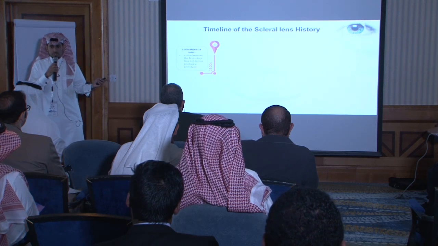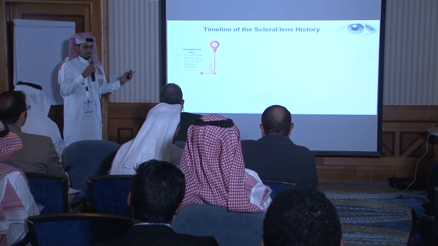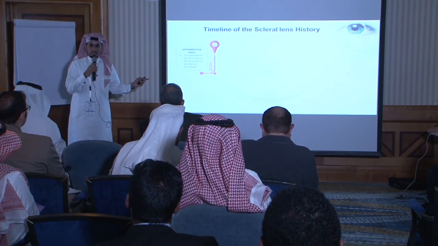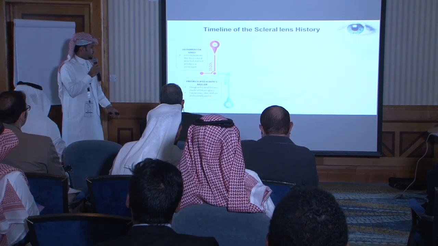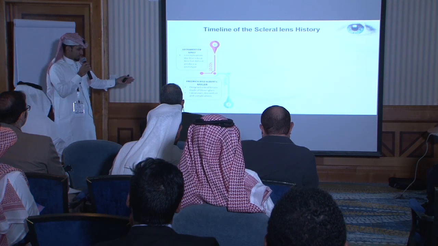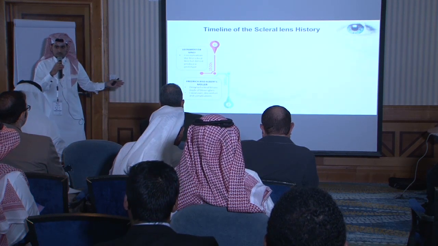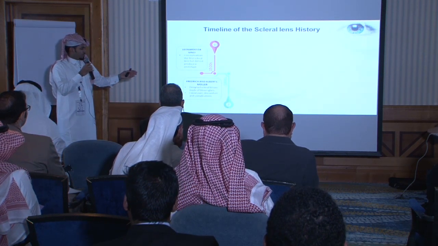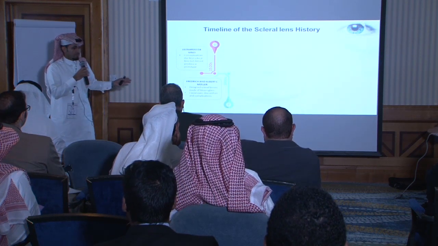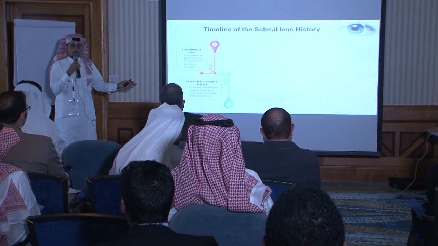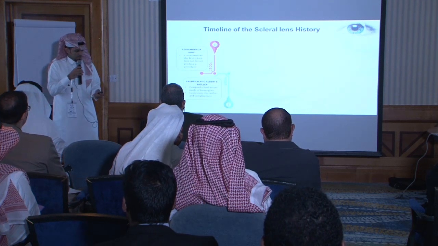This is a timeline of scleral lenses. In the 15th century, the scientist Leonardo da Vinci had the first idea about scleral lenses, but he did not produce a prototype. Then in the 18th century, Friedrich and Albert Müller, German scientists, designed the first scleral lenses, which were made from brown glass. These scleral lenses caused pain and discomfort.